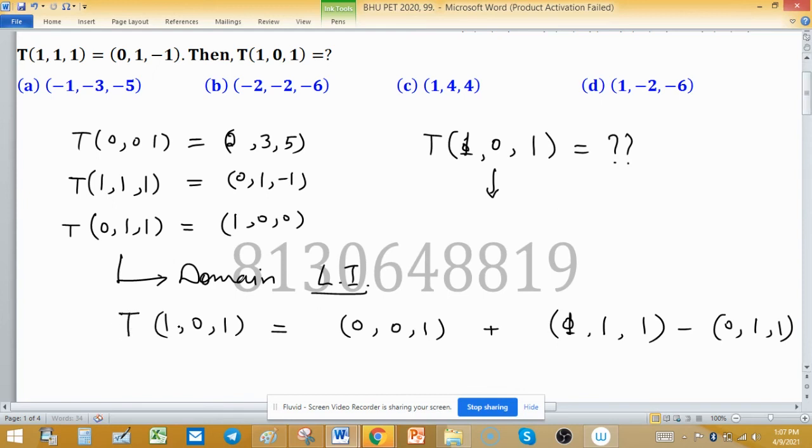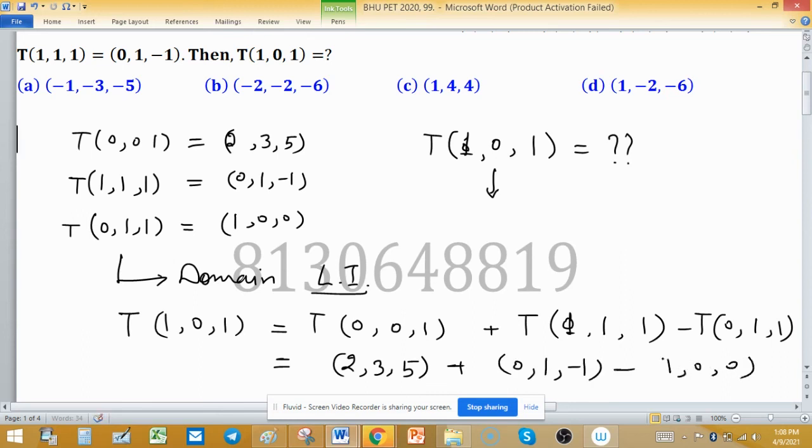Now we have to find the image of this, so apply T, the linear function or linear map. Now the image of these elements is given: the image of 0 0 1 is 2 3 5, plus the image of 1 1 1 is 0 1 minus 1, and the image of this element is 1 0 0.